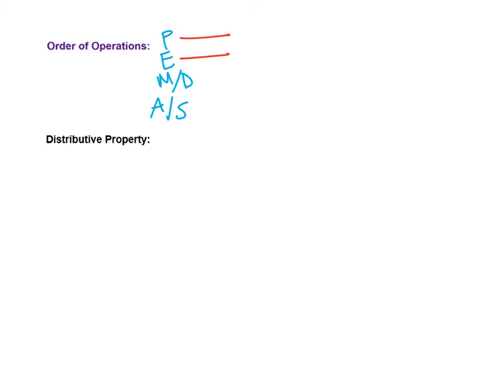The M and the D, that's your multiplying and dividing, but remember you have to do that in order left to right, or whichever one comes first. And then the addition and subtraction, same thing, left to right, whichever comes first. Those, I would say, are the ones to be careful about, because that's where people tend to make the most mistakes with their order of operations.